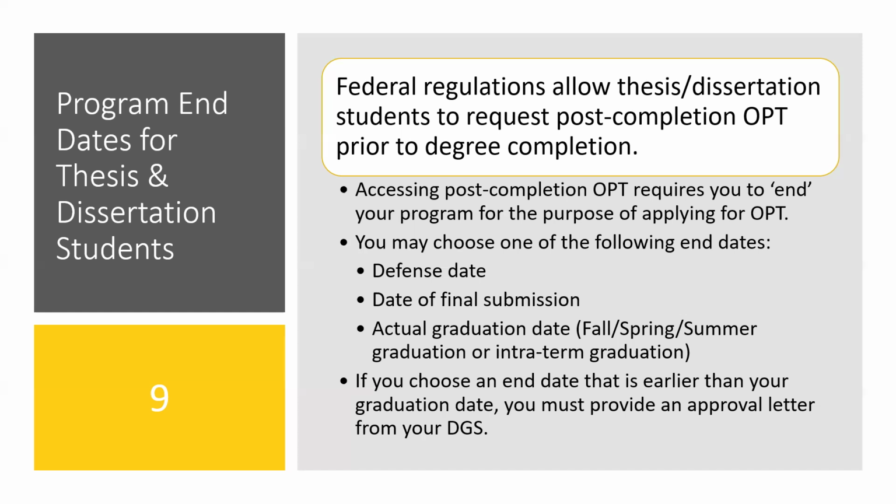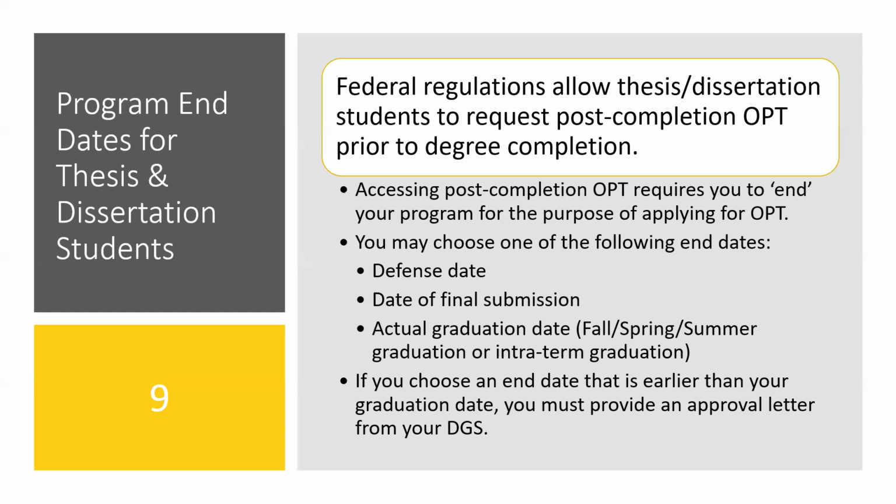However, if you have finished all of your courses and you're only working on your thesis or your dissertation, you could also choose an earlier date. You could choose your defense date. You could choose the date of your final submission to the graduate school. There are some benefits and disadvantages to doing so, but you do have that option.